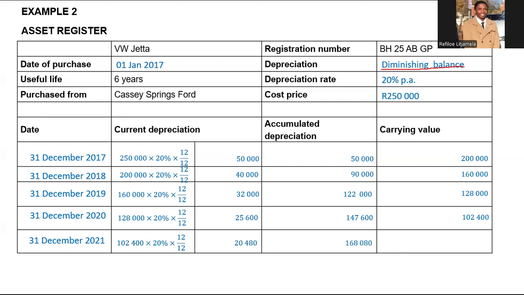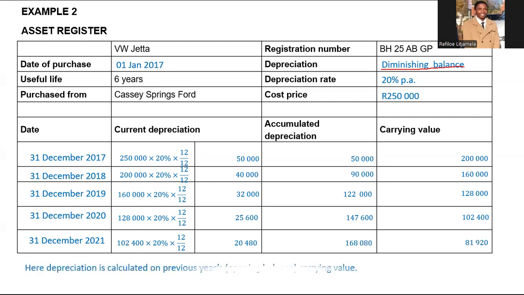It'll give us 168,080. Now our carrying value will be 250 minus 168,080, which will be 81,920, or you take the 102,400 minus that year's depreciation of 20,480, and you will still get that 81,920.